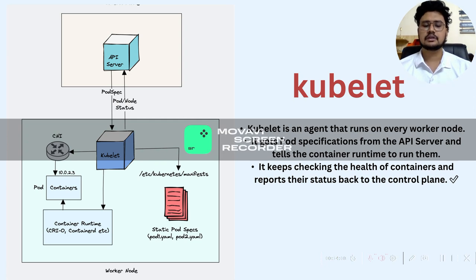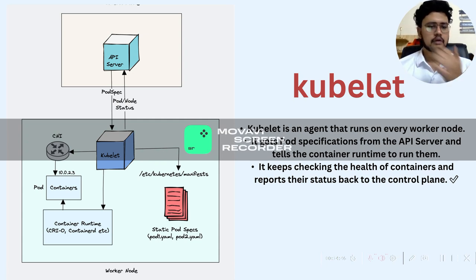If anything breaks, they inform the hotel reception, which is the API server, and arrange repairs. Technically, Kubelet is an agent that runs on each and every worker node. It gets the pod specification from the API server and tells the container runtime to run them. It keeps checking the health of containers, reports their status back to the control plane, and makes sure that the work has been run as instructed by the API server.